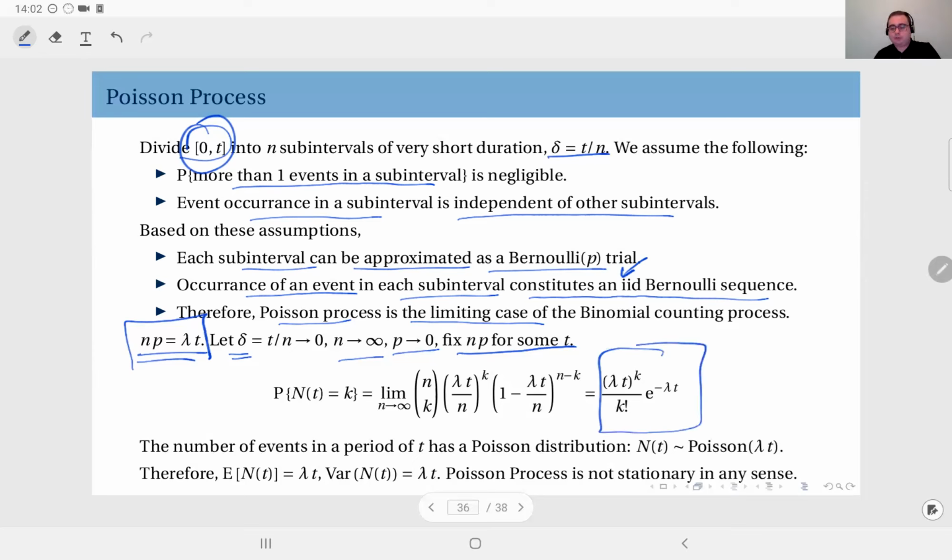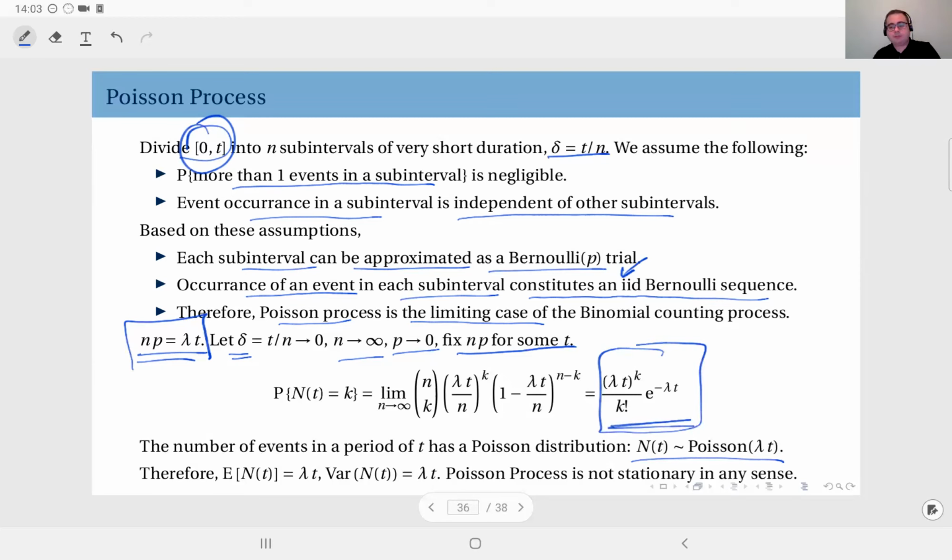Okay, so essentially the number of events at time t of a Poisson process is a Poisson random variable with parameter lambda times t. Okay, that's the relationship between the Poisson process and the Poisson random variable. This is the same distribution, but with the parameter lambda times t.